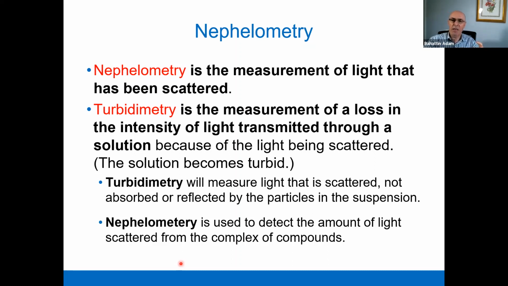In nephelometry, the scattered light is measured. In turbidimetry, the solution becomes turbid, and then it is able to scatter the light. Turbidimetry measures the light that is scattered, not absorbed or reflected, by the particles in a suspension.